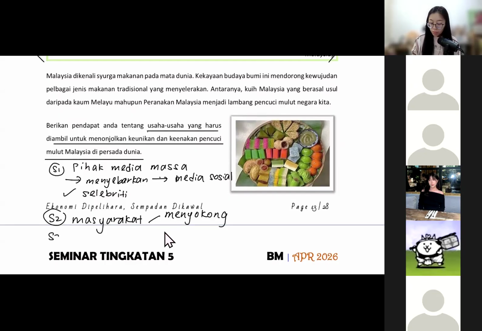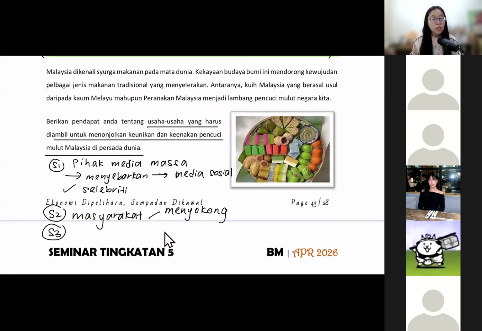Okay, then other than pihak media massa and also masyarakat, who else can do something? Siapa lagi yang boleh menonjolkan keunikan dan keenakan pencuci mulut? Sekolah. What can school do? Campaign. Okay, don't put campaign lah.